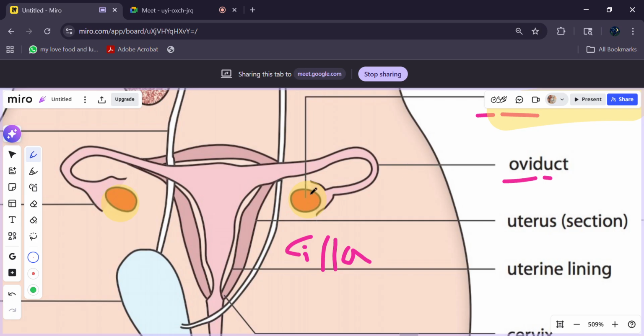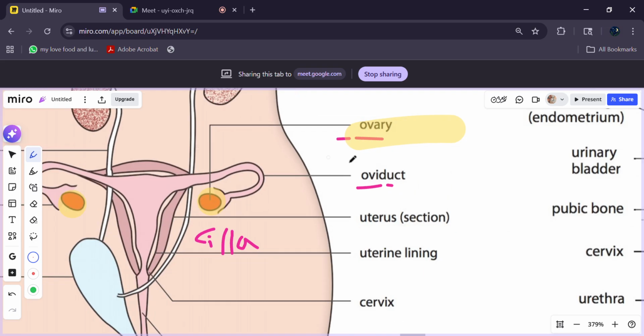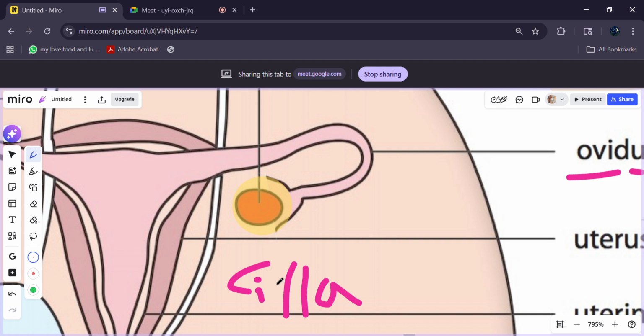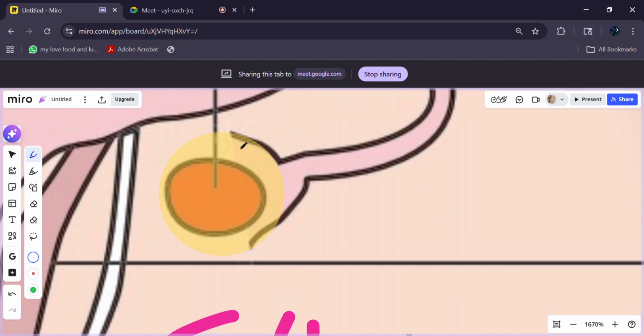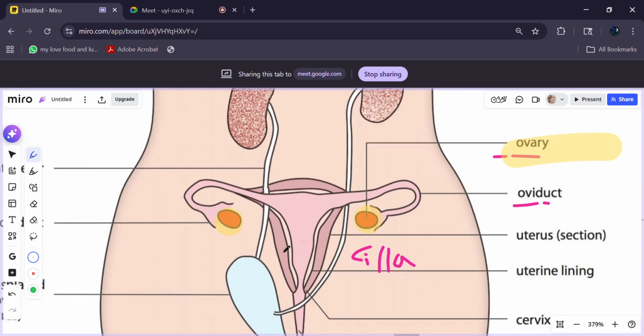So what I've just explained is that when the egg is fertilized, it travels through the oviduct. To do this, the oviduct has a funnel-like opening, and the inner walls of the oviduct are lined with cilia, and this helps the egg move along the oviduct. Now let's talk about the uterus.